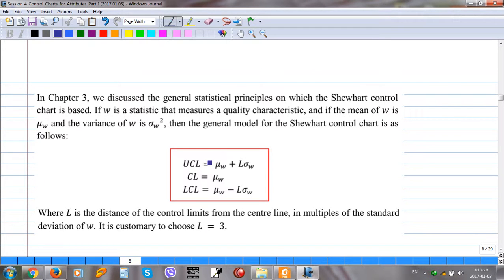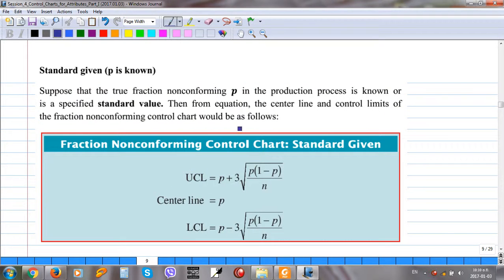This belongs to chapter 3, and in the same way we can use it for p charts if the standard is given. Suppose that the fraction non-conforming p in the production process is known, or is a specified standard value. Then the center line and the control limits of the fraction non-conforming control chart would be as follows.